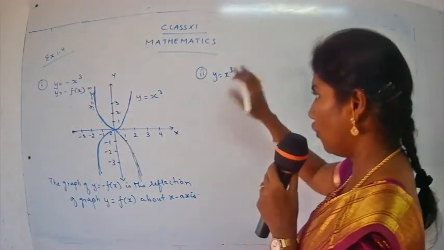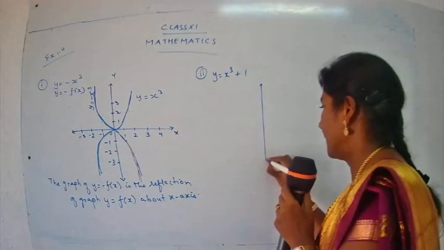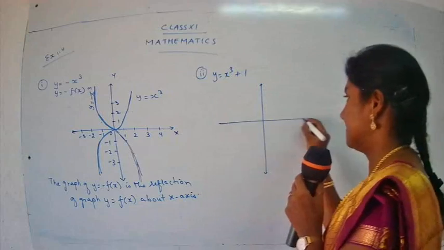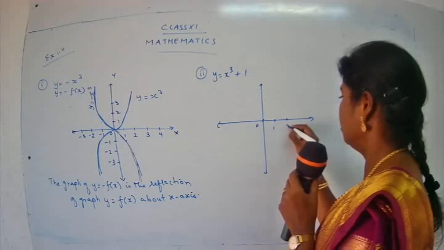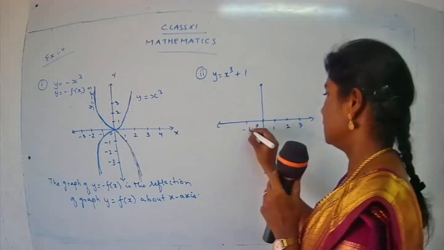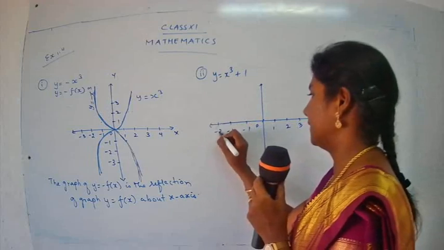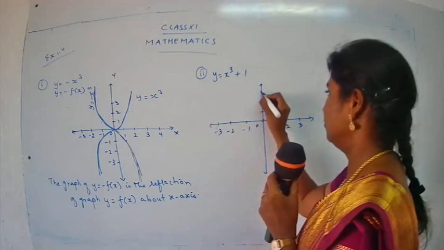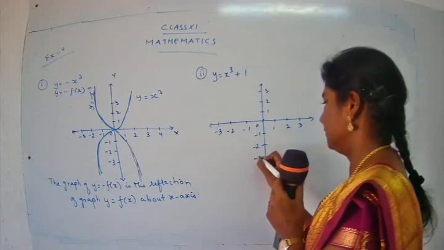I have told you that for all the 4 parts we have to keep these graphs ready. Zero, 1, 2, 3, minus 1, minus 2, minus 3. 1, 2, 3, minus 1, minus 2, minus 3.